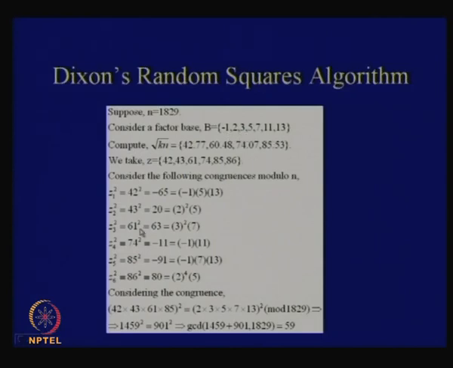Now from these quadratic congruences you choose some congruences so that I can represent each factorization as a tuple of ones and zeros. This tuple indicates which prime factors I have chosen.